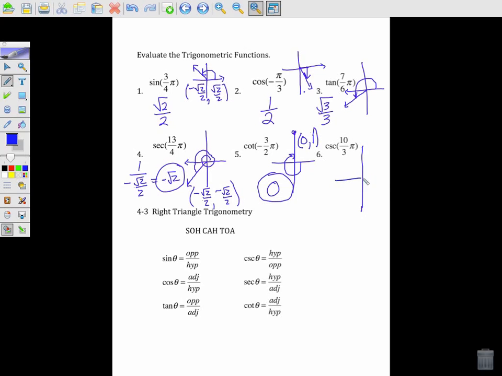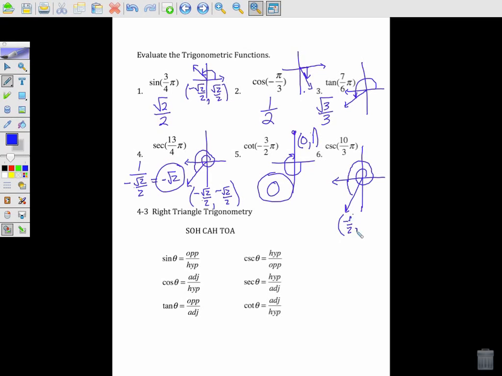Cosecant of 10/3 pi. Well, let's find out where 10/3 pi will be located. If I go all the way around, that's 6/3, and then all the way to the 180 mark is 3/3... actually 9/3 pi is not 180; so 10/3 pi would be in quadrant 3. It's a 60-degree reference angle. And we're looking for cosecant. Well, cosecant would be 1 over the y value.